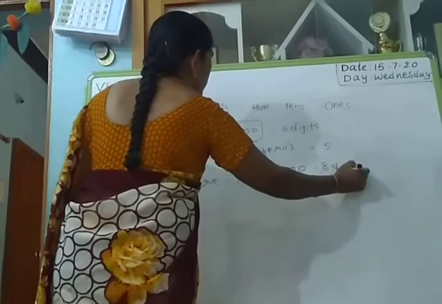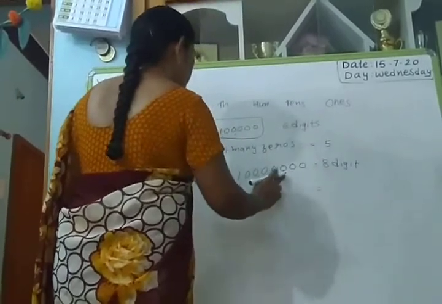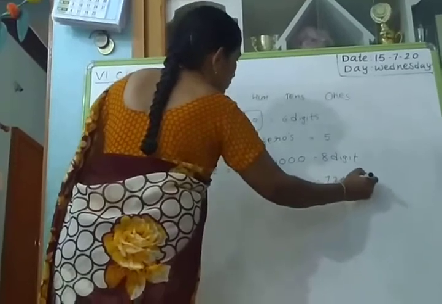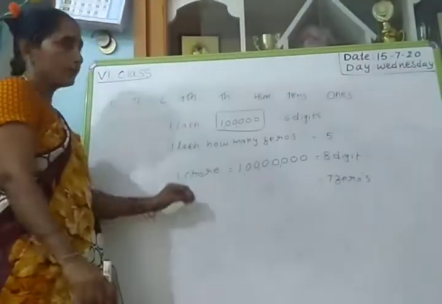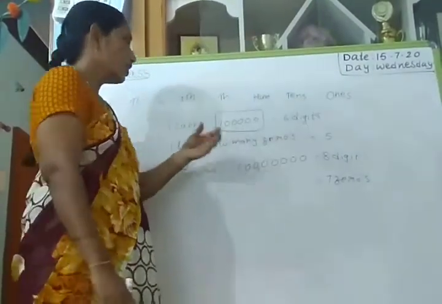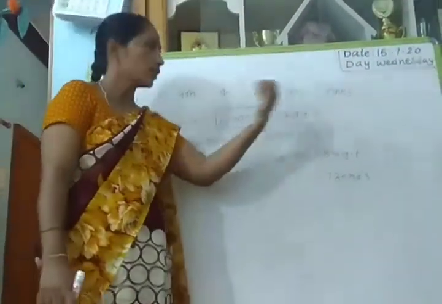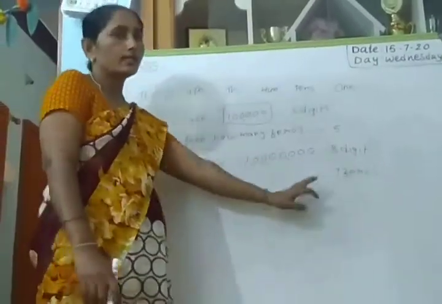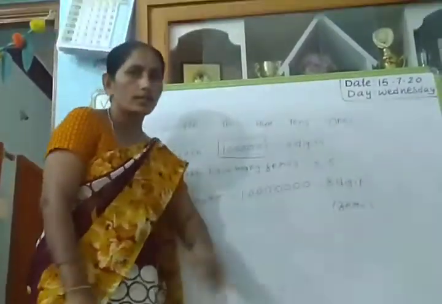How many zeros do we get? 7 zeros. So we have to read the question carefully. In 1 lakh, how many digits means 6 digits. How many zeros means 5 zeros. In 1 crore, how many digits means 8 digits. How many zeros means 7 zeros.